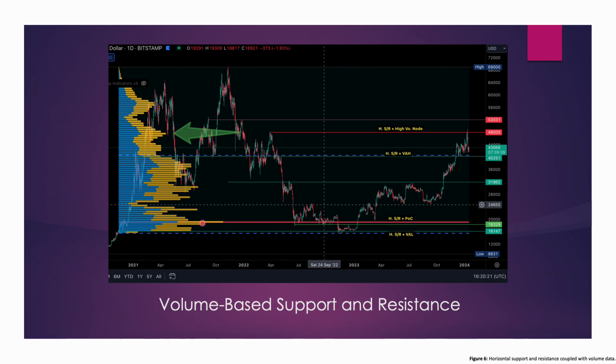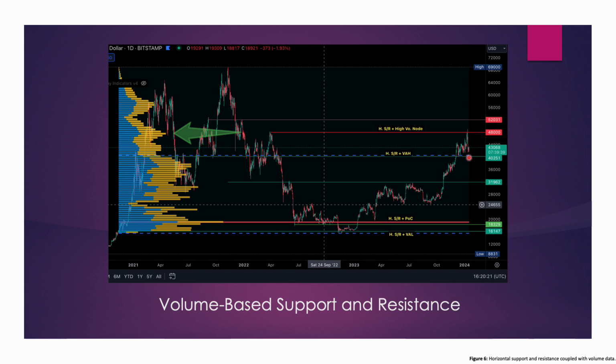This high volume node at the 20K level is even better, because you can see that it is also a horizontal level that provided support and resistance alternately. So the point of control together with the horizontal level is very nice confluence. The value area high is also a meaningful level.